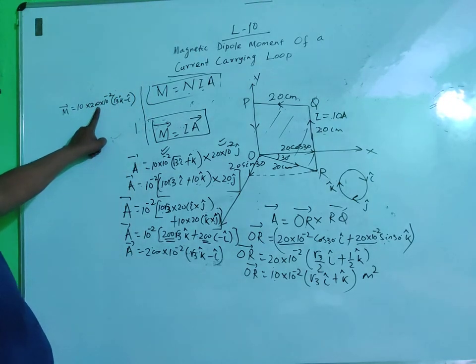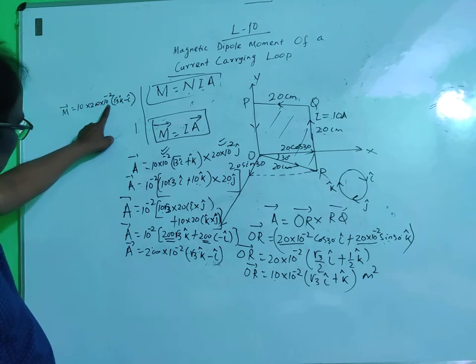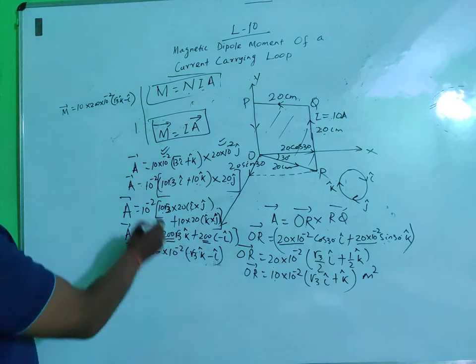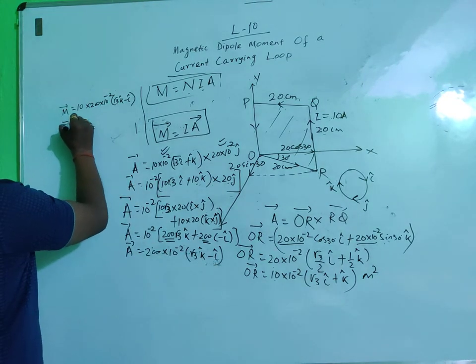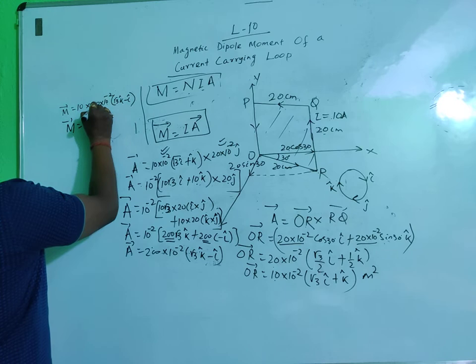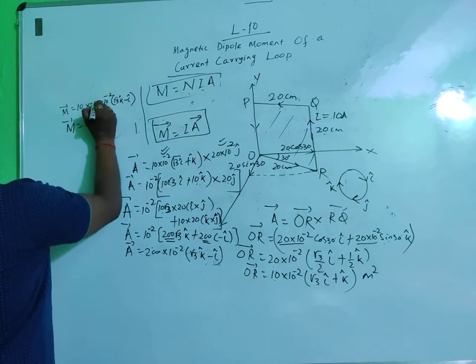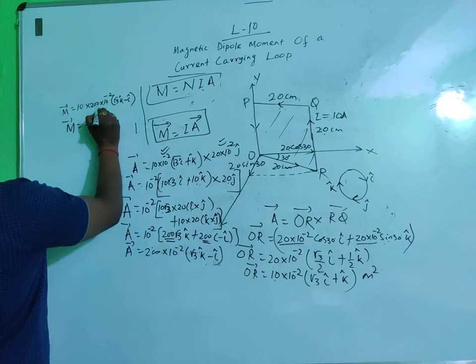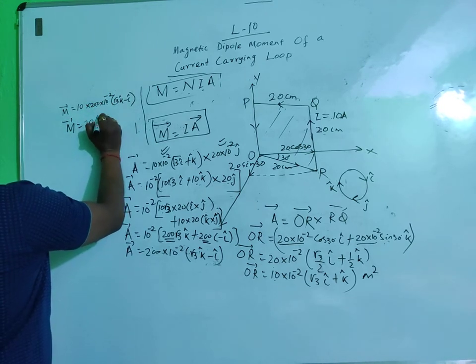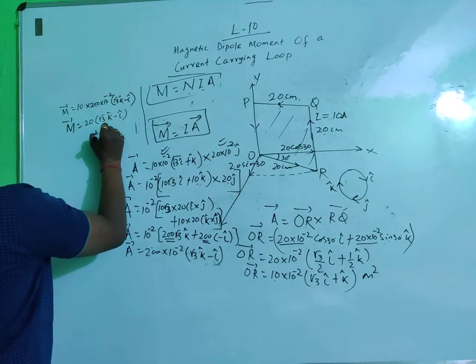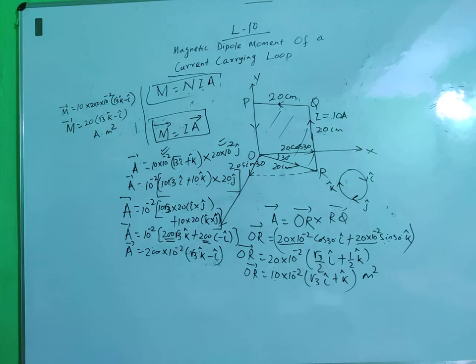This will be 2000 into 10 to the power minus 2, which is 20 into root 3 k cap minus i cap ampere meter square.